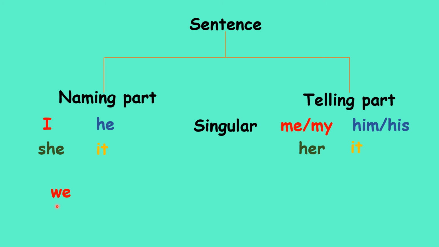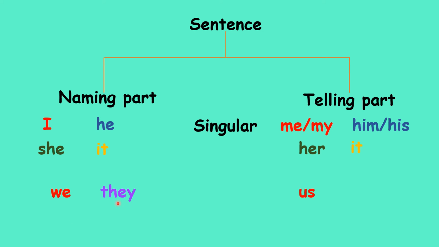We. We in the naming part and us in the telling part. We went to school. They gave us chocolates today. So you use the pronoun we first, and then when you're talking about you and your friends, you use the word us.